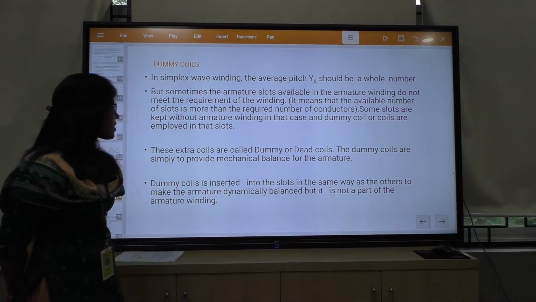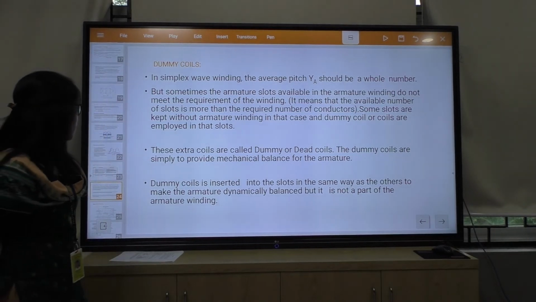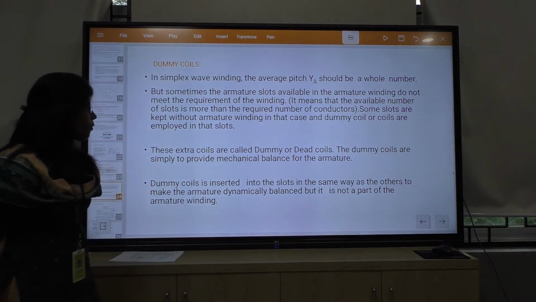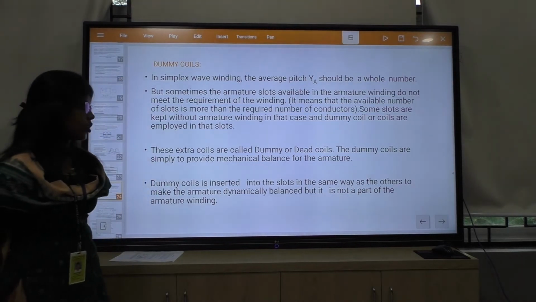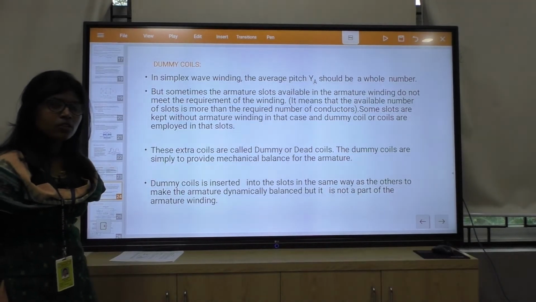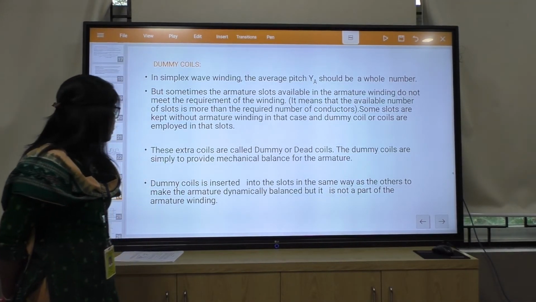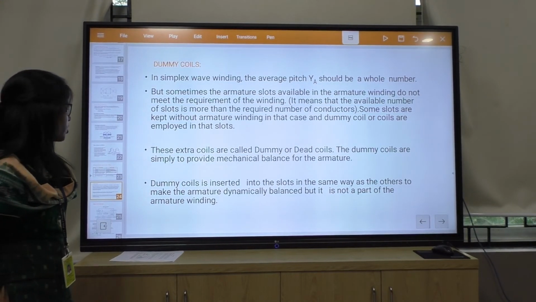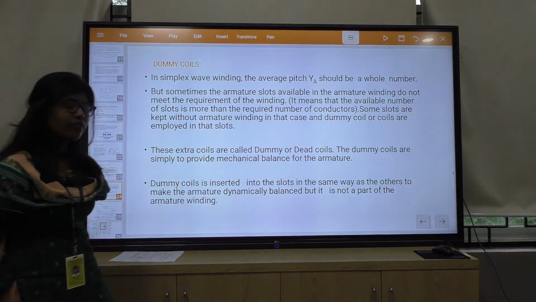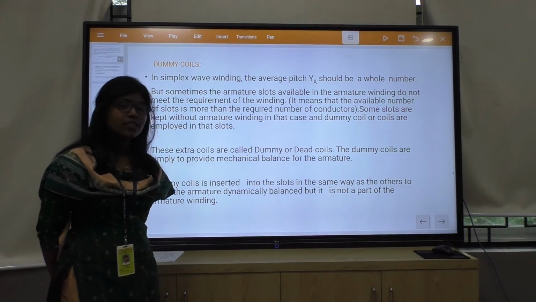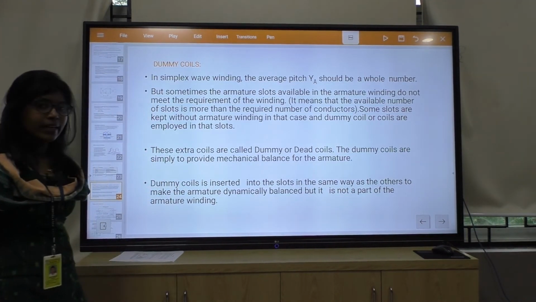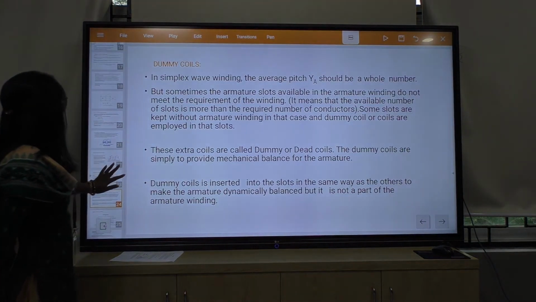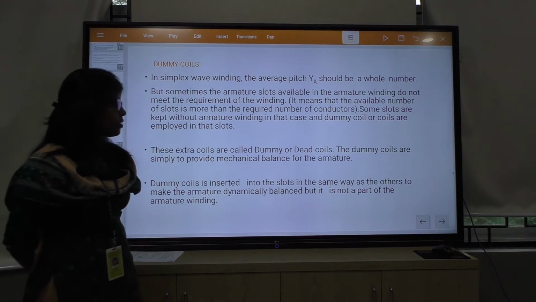In that case dummy coils are used to provide mechanical balance to the armature. These dummy coils are also called dead coils. The dummy coils are inserted in the slots the same as the armature conductors to give dynamic balance, but they are not part of the armature winding. So, this is all about the dummy coils.